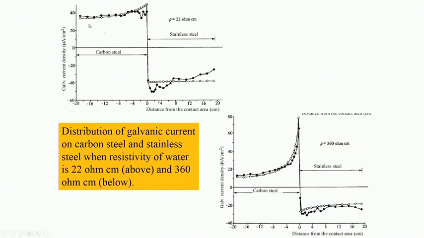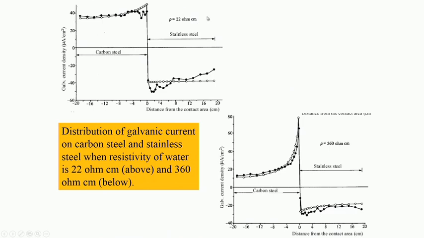This is the case for carbon steel and stainless steel combinations. The galvanic corrosion current density of carbon steel is much higher than that of stainless steel, which is basically non-corroding in nature. It also depends on the resistivity of the environment solution, particularly in water where resistivity is quite low.